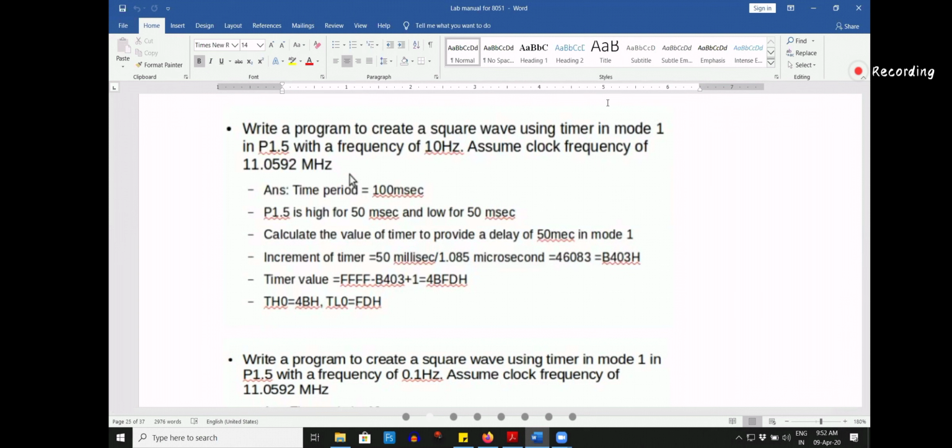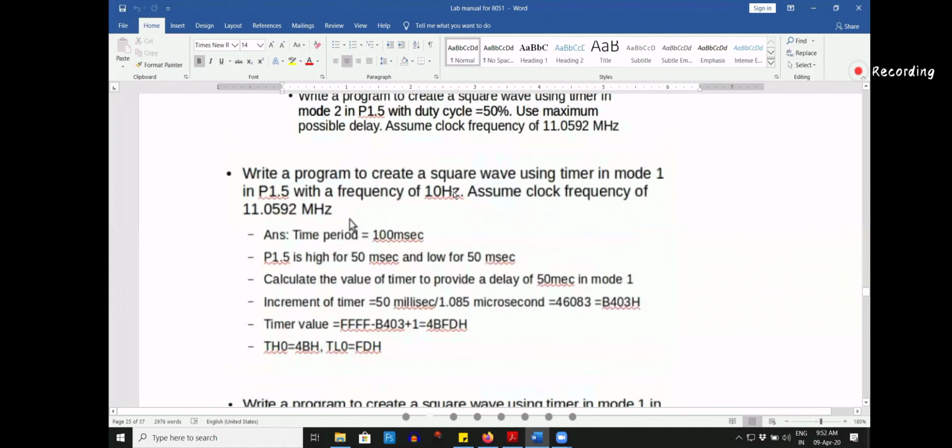How to do that? Okay, now 10 hertz, if I convert that, first you have to convert this into time period. So 1 divided by 10 hertz will be 100 millisecond. Please check 1 divided by 10.